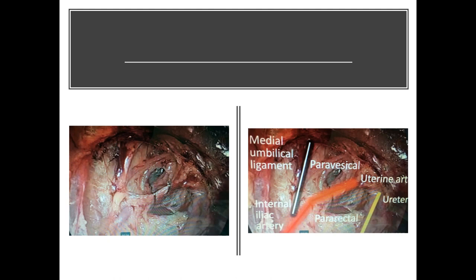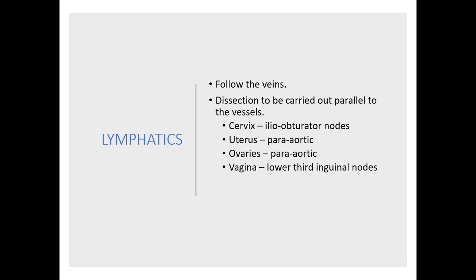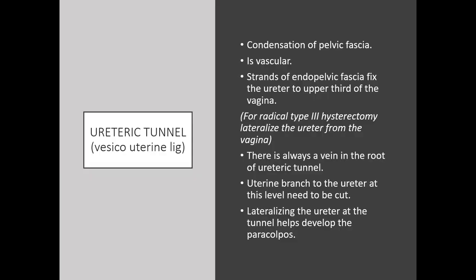So this is how they cross over, for example, but now lymphatics, these follow the veins. The dissection is usually important for our oncology colleagues. So you have to always understand which nodes are important for which kind of disease. That's not what we are covering today.